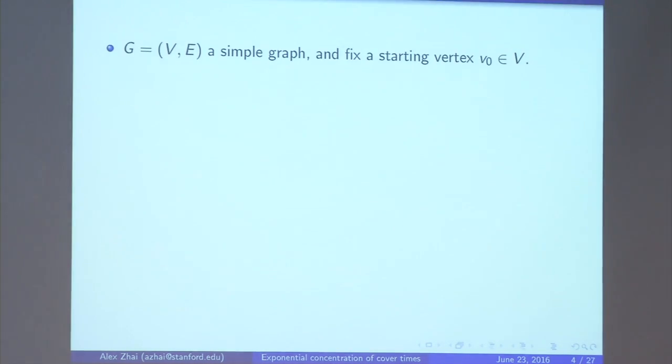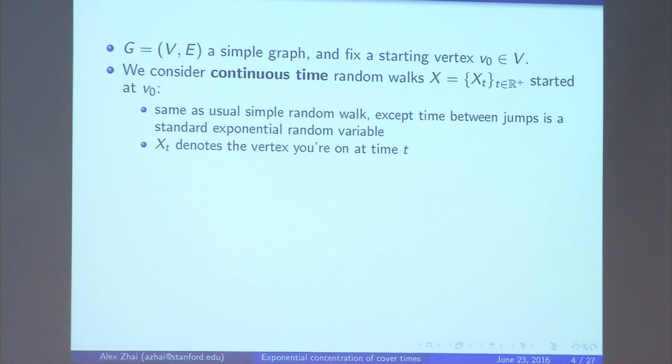All right, so our setting is we have a simple graph, vertex set V, edge set E, and a fixed starting vertex v_0. We're going to consider a continuous time random walk on this graph. Continuous time random walk is just the same as a simple random walk, except that at each step, you wait a variable amount of delay, which is an exponential random variable of mean 1.